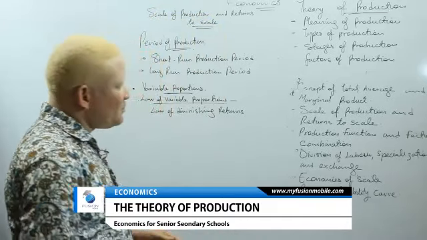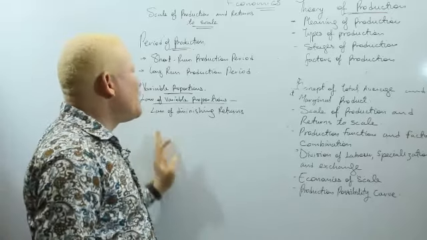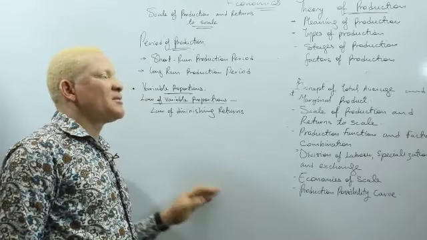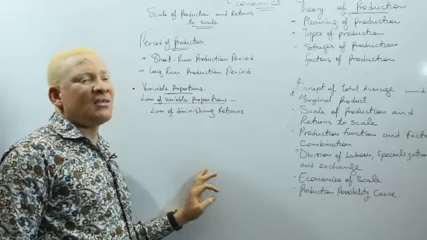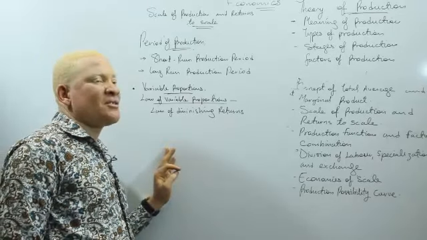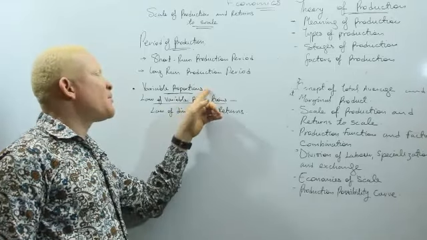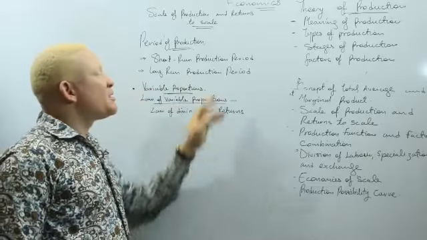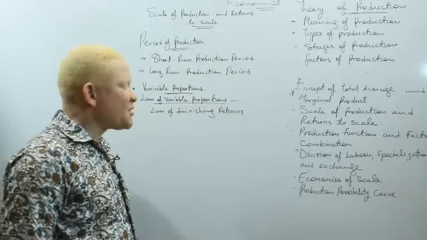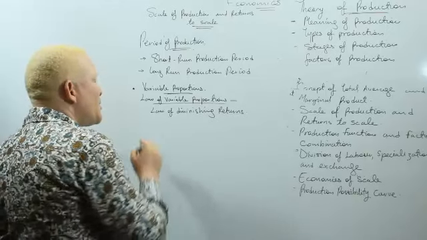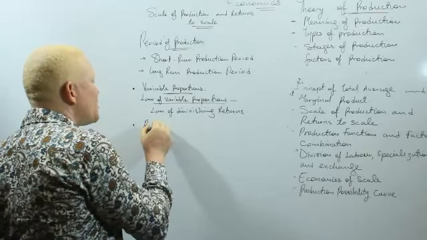Now, the law of variable proportions talks about the manner of change in output in the short run. So the law of variable proportions only relates to the short run period of production. Now, moving on to the other one, the long run period leads us to what we call returns to scale.